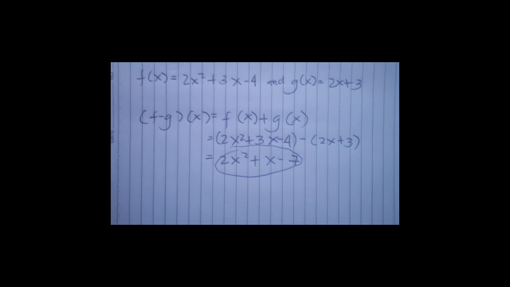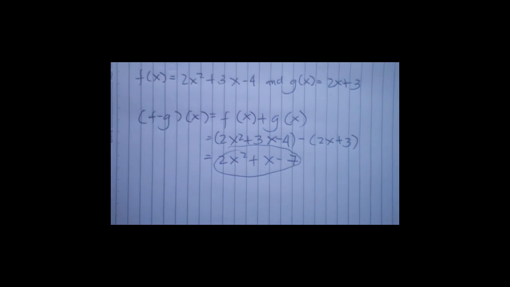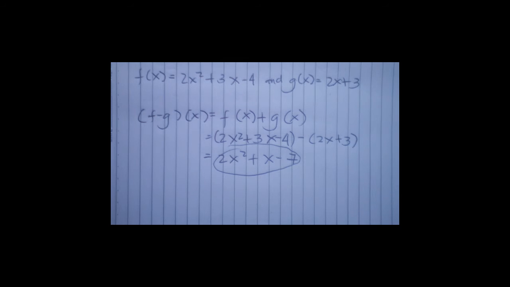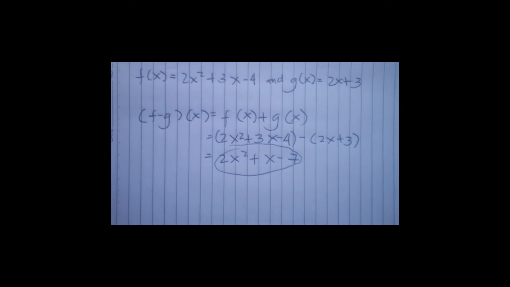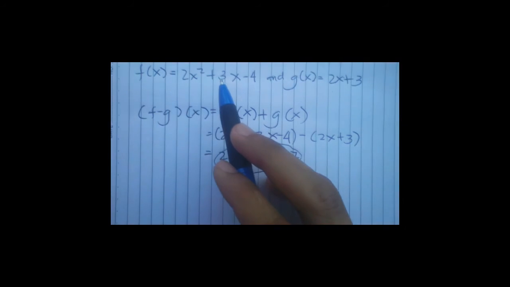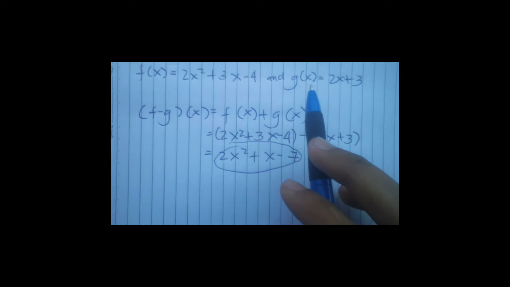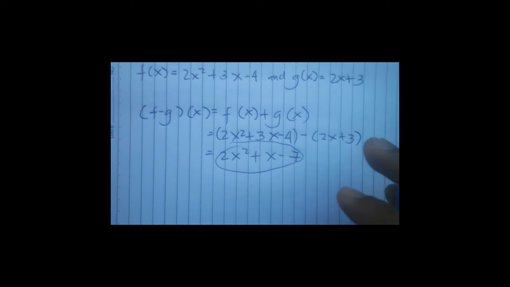So this is the example for difference function. First, you have to get the value of f of x and g of x. So the value of f of x is 2x squared plus 3x minus 4, and for g of x is 2x plus 3.